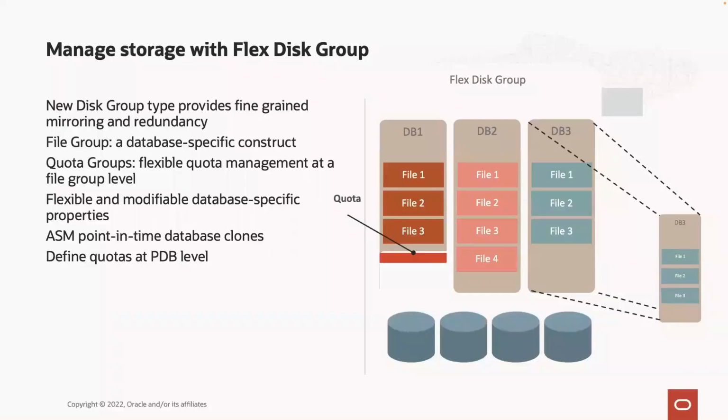After it reaches the quota, if it tries to allocate more space, even though there is additional space in this storage layer, the process that is trying to allocate this space will receive an error. This allows you to easily plan your consolidation without having to worry whether some other database will eat up all my storage.